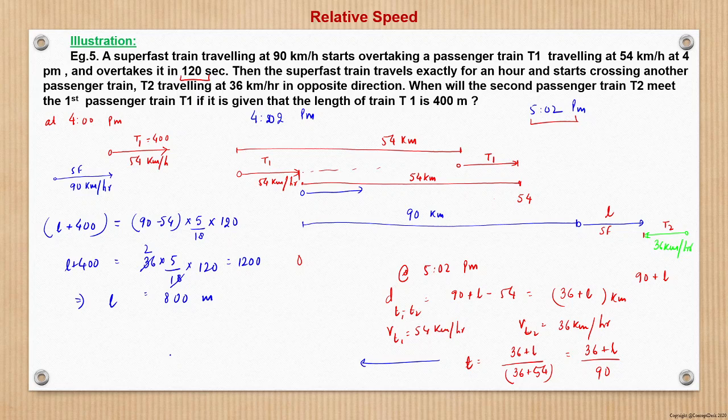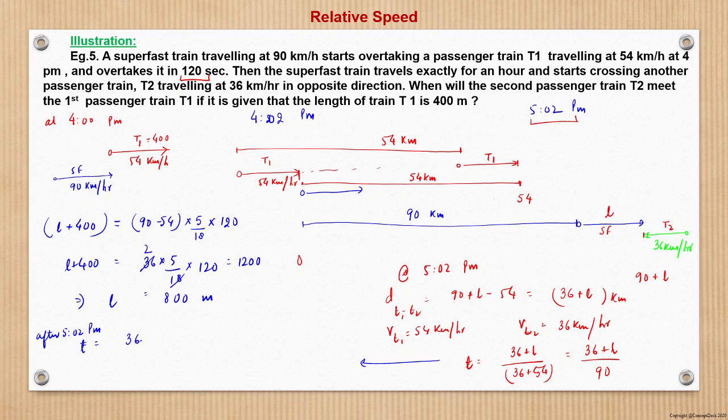So we will calculate this here. The time taken after 5:02 p.m. is equal to 36, that is kilometer, and this 800 meter becomes 0.8 kilometer.